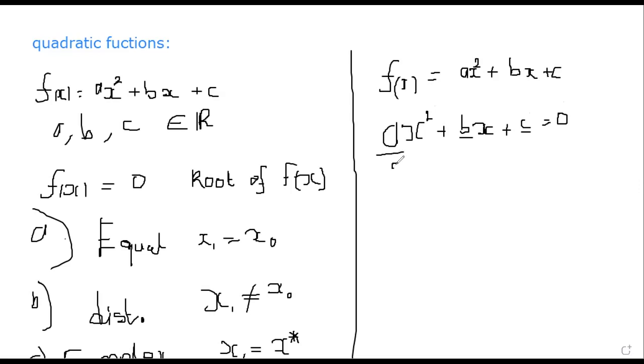When we divide throughout by a, what we would have is x squared plus b over a x plus c over a is equal to 0.